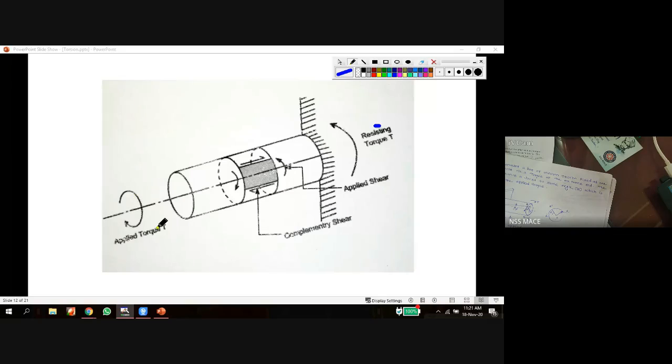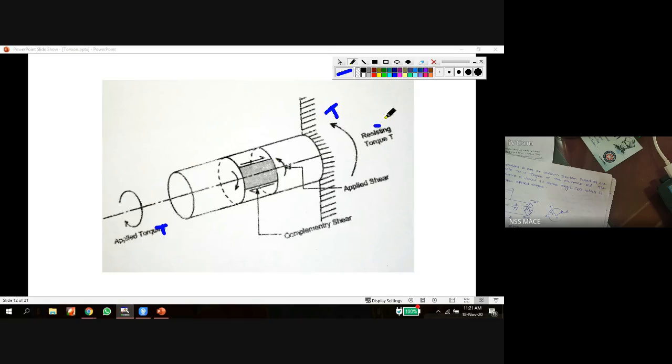Here I am applying a torque T. When I apply a torque T, a resistance will be offered by this fixed end. That is T, again T. Both are equal, like a reaction in a beam with a vertical force. So the reaction torque offered by this fixed end is T.